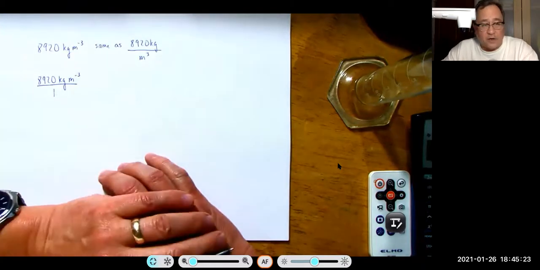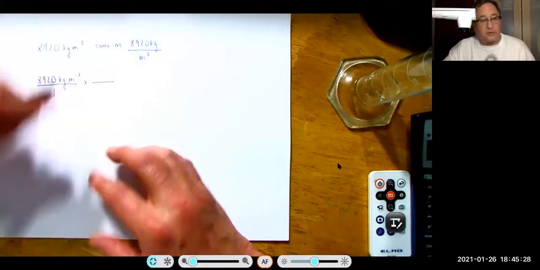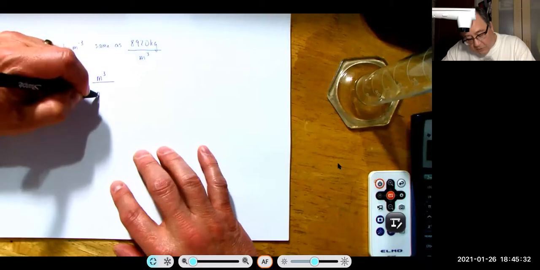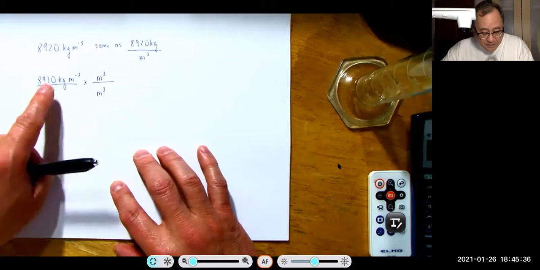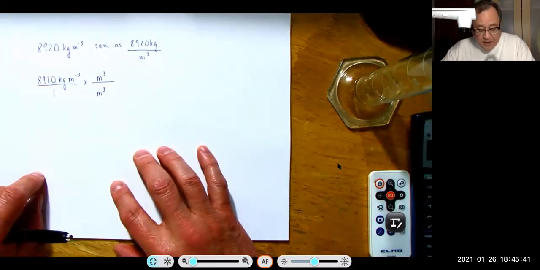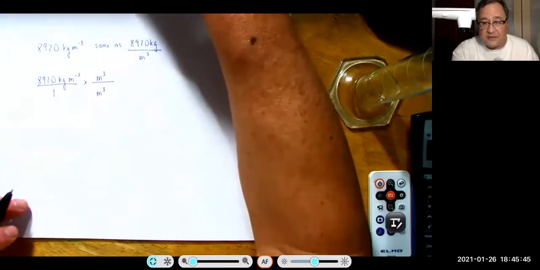So I'm going to put this over 1. And then I'm going to multiply by something that's equal to 1. I'm going to multiply by meters cubed over meters cubed, which is equal to 1. So I have this number that I've divided by 1, so it doesn't change. I'm going to multiply it by meters cubed over meters cubed, which is 1, so I'm not changing the amount.